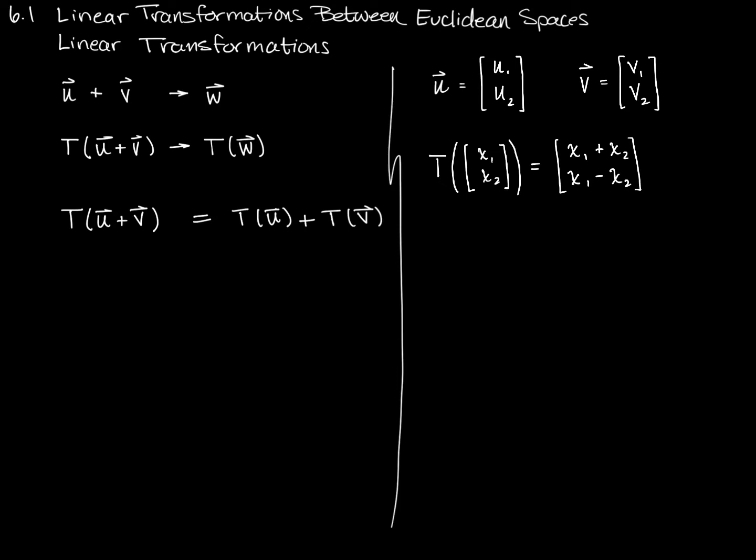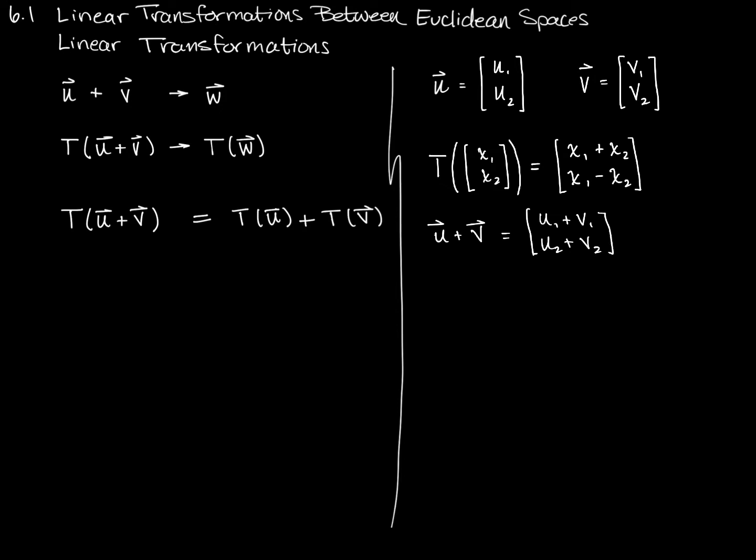To test whether this transformation has the additive property, I need to figure out, first of all, what u plus v is, and that's just going to be u1 plus v1, just using vector addition, and u2 plus v2.